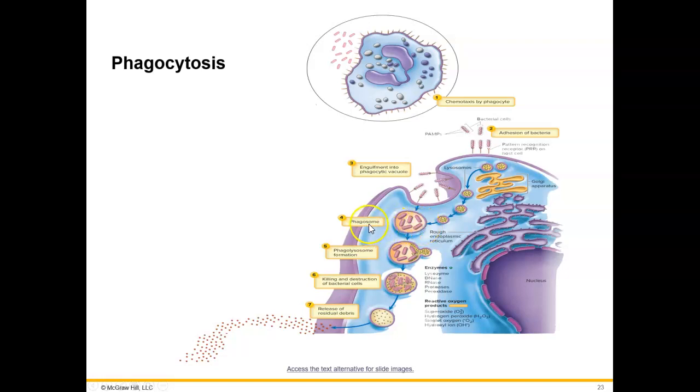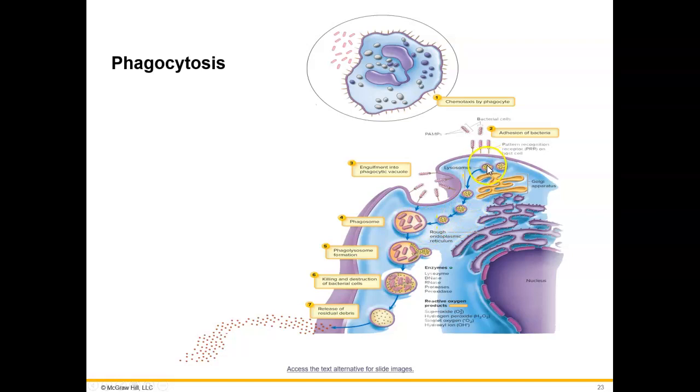Phagosome, and S-O-M-E refers to a body. So this is a body or a vacuole or a vesicle, whatever you want to call it, that's inside of the phagocyte right now. A membrane-bound vesicle. So we've taken the bacteria inside of the cell.